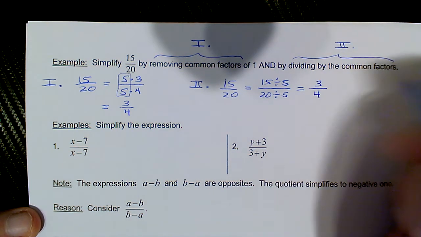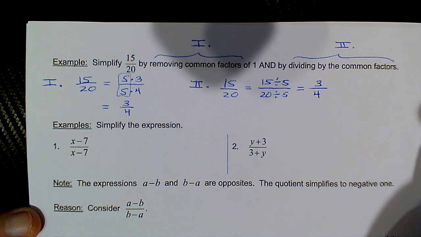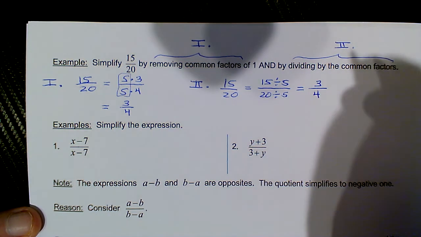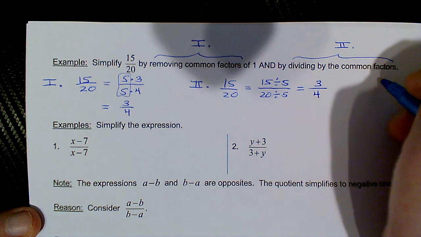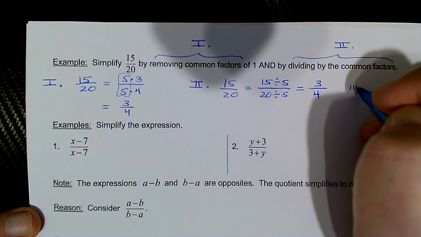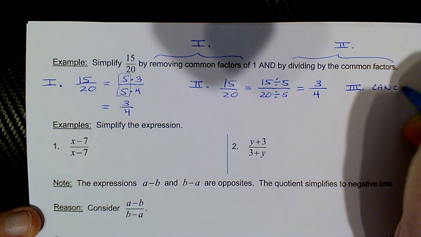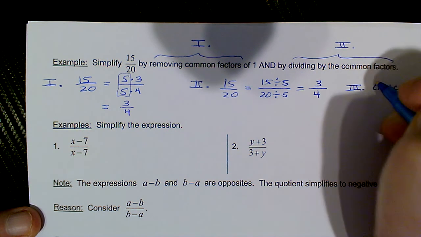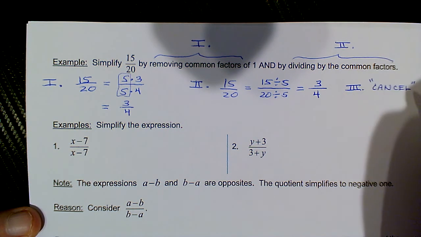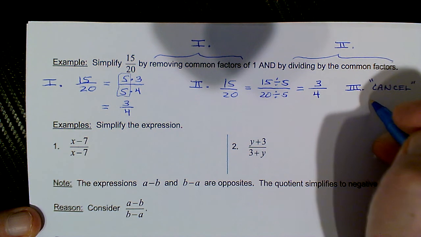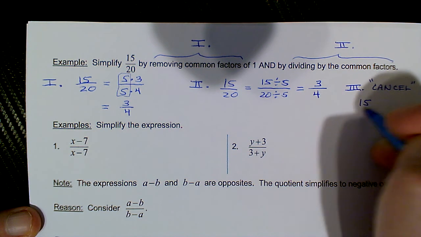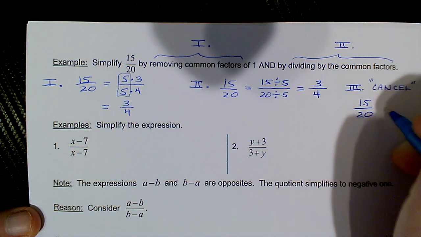Now, some people will even go through what I'll label the cancel method, which I know is frowned upon by some instructors. But if you started with 15 over 20 and you recognize that 5 is common, some people won't even show this step.